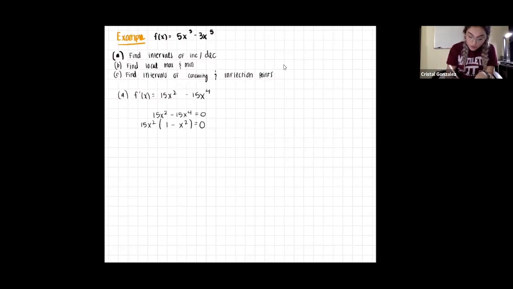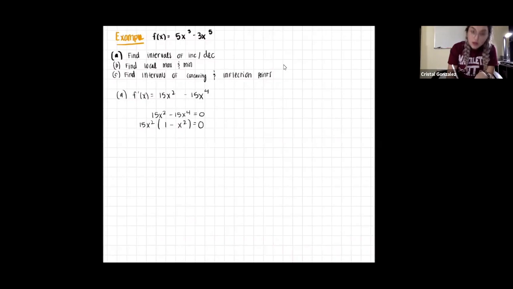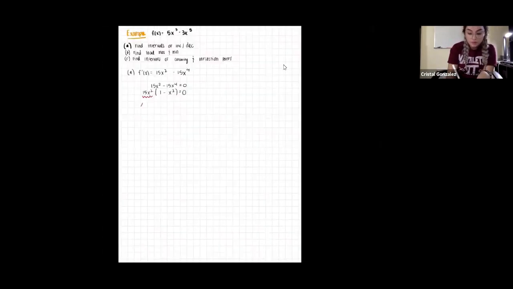And then this here is going to yield a critical value, which is x equals 0. And then here we're going to end up with 1 minus x squared equals 0. And so then we're going to get x equals plus or minus 1 as our other two critical values. So these are our critical values here.